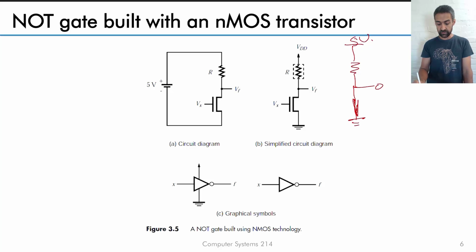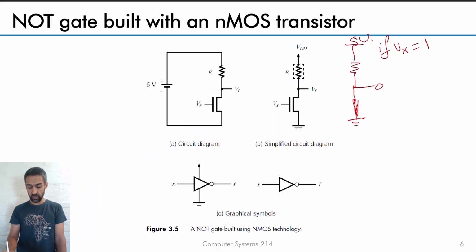So this is what happens if Vx is equal to 1 or high. Make it 5 volts actually, 5 volts. That means that this point here is touching, or is connected, is conducting to ground. It's short-circuited to ground essentially, which means Vf is equal to 0. So if Vx is equal to 5, then Vf is 0.